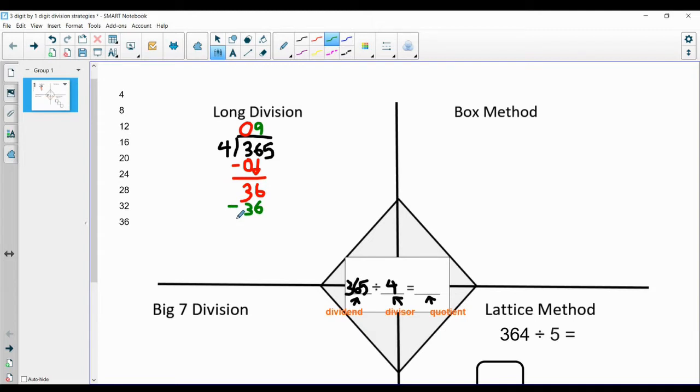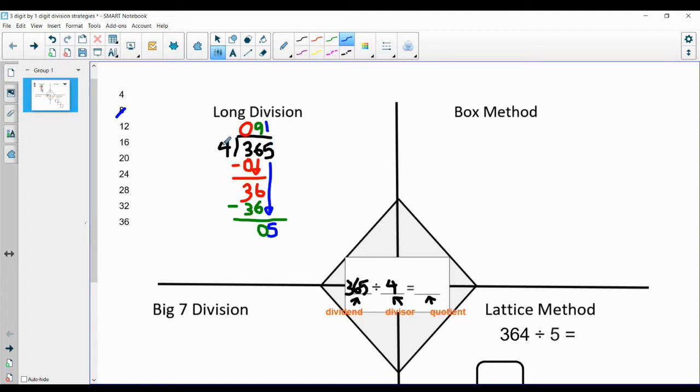When I subtract this, I'm going to get 0. So I have no more hundreds and tens, but I still have 1, so I need to bring down my 5. Now I'm thinking, how many times can 4 go into 5? Well, 8 is too much, so 4 can only go into 5 once. I'm going to put 1 above my 5.